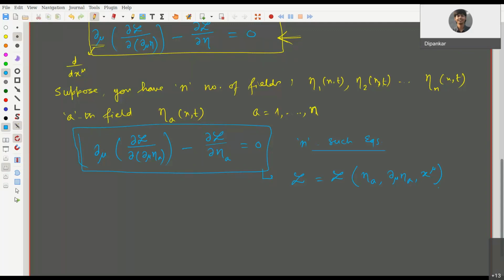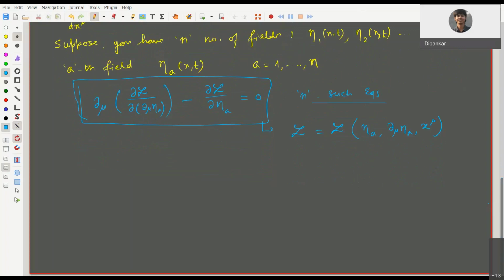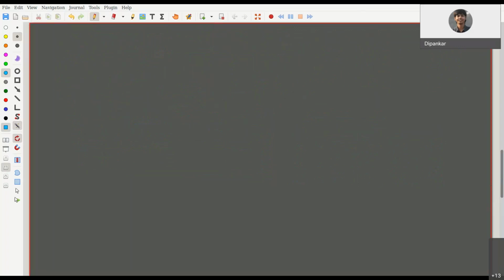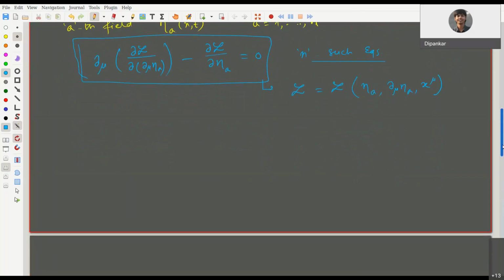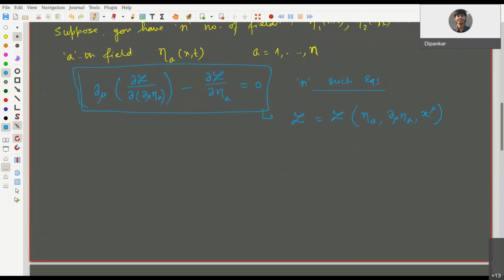Now, similar to discrete mechanics, we can find certain conservation laws in the continuous case also. To give you a glimpse of what kind of conservation laws we talk about, and what general ideas we can get from those conservation laws, let us look at the total derivative of L. So let me start something called conservation theorems.